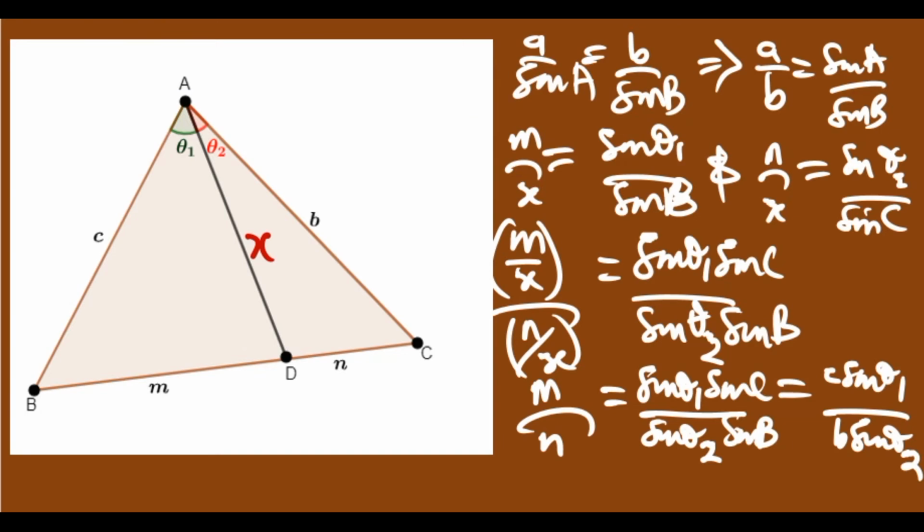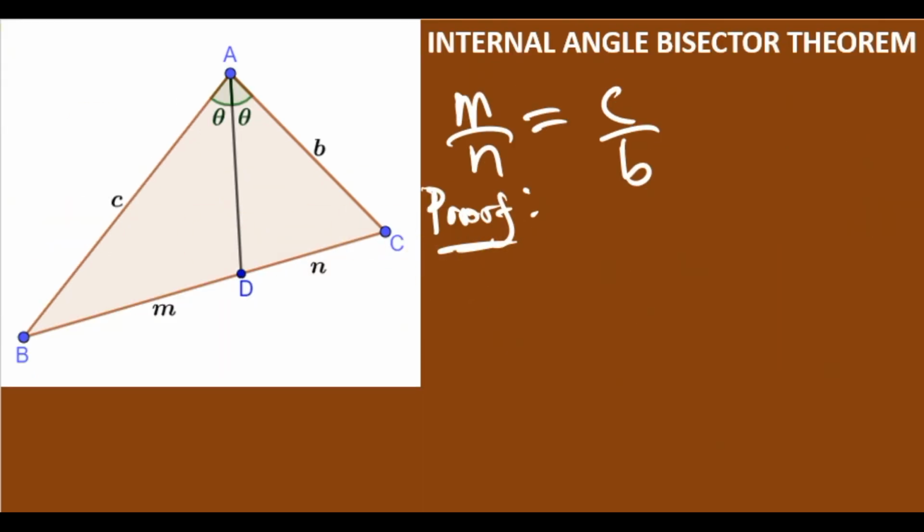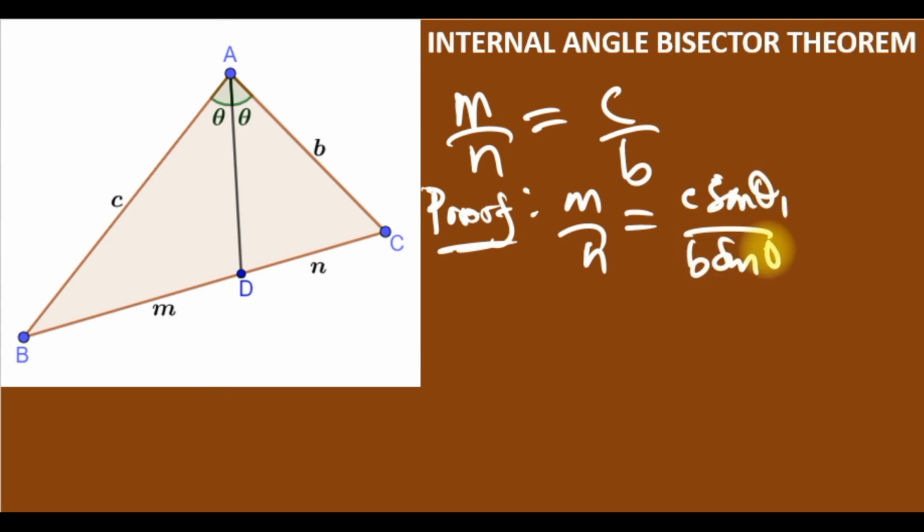So since we know that m over n from the former diagram is c sine theta 1 over b sine theta 2, let theta 1 and theta 2 be equal to theta from this diagram.